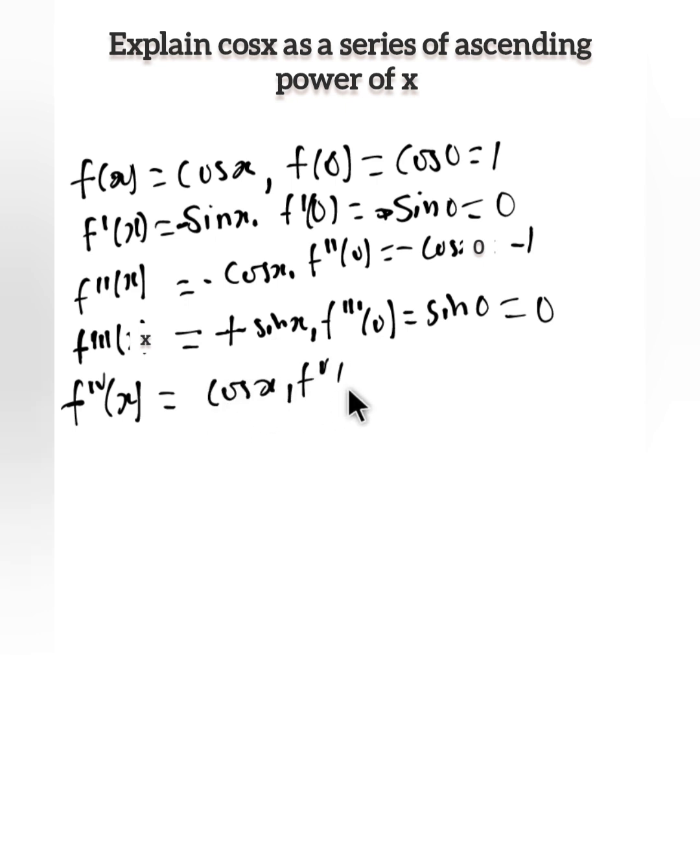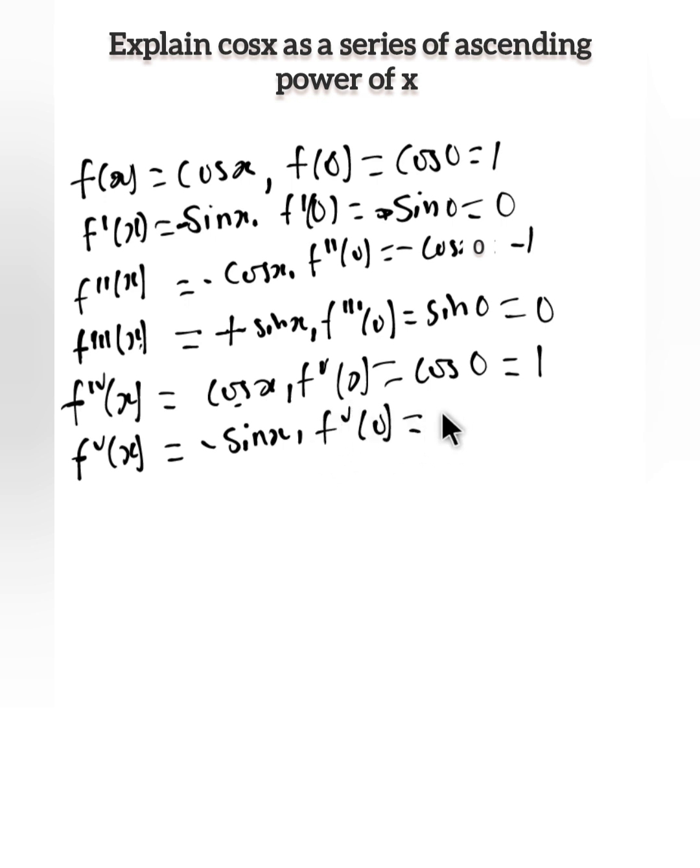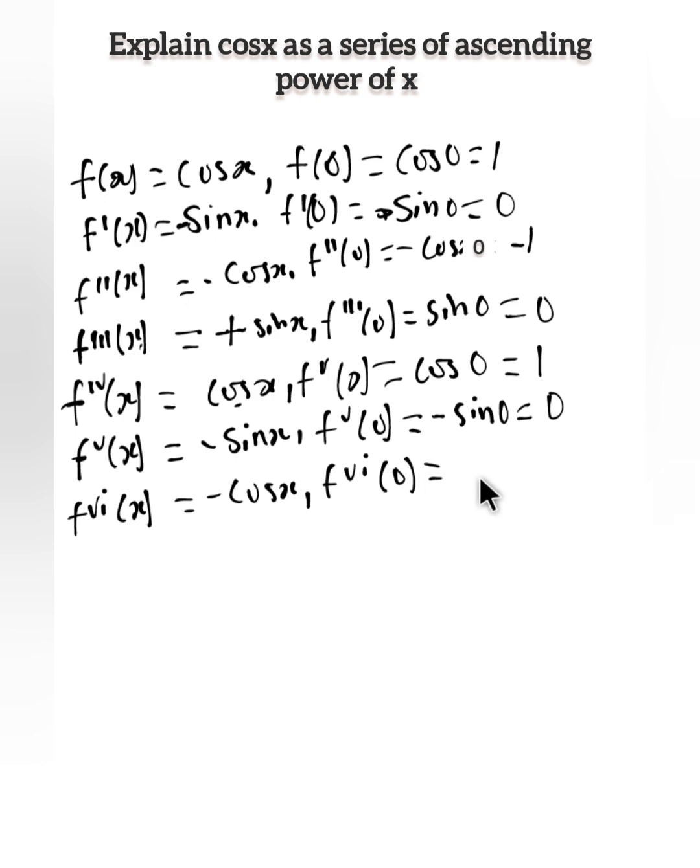So the fourth derivative of 0 will give us cos 0, which is equal to 1. The fifth derivative of x is equal to minus sine x. When we differentiate this, we have minus sine x. Hence, the fifth derivative of 0 is equal to minus sine 0, which is equal to 0. The sixth derivative of x is equal to, take negative sign down, differentiate sine x is cos x. So the sixth derivative of 0 is equal to minus cos 0 equals minus 1.